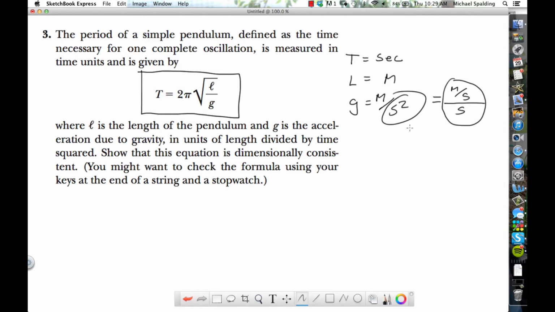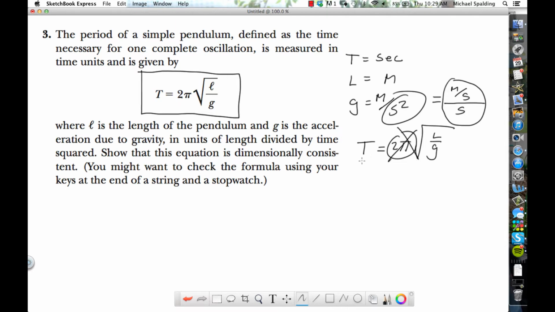All right, so let's check this equation. The equation is period equals 2 pi square root L over g. Do we care about the 2 pi here? No, because what are we checking? Only the unit, so forget about that 2 pi. All we're doing is checking to make sure the simplified unit on the left side of the equation matches the simplified unit on the right side.